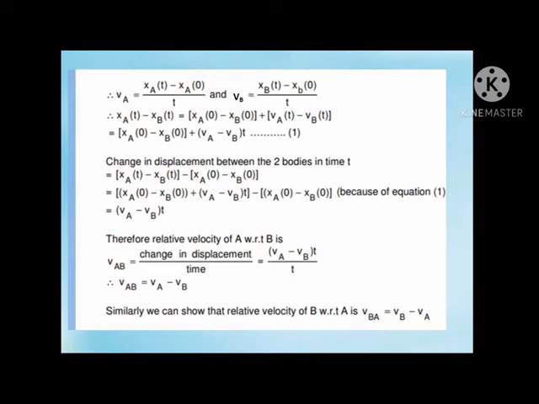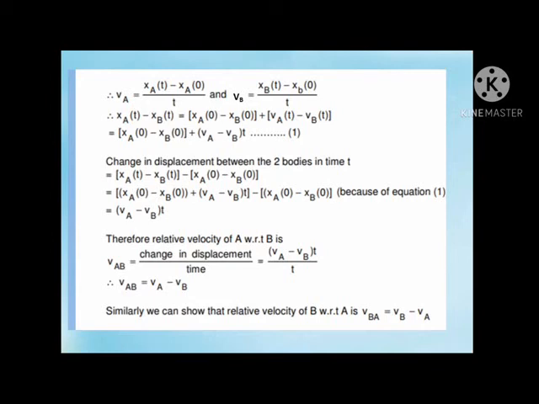Now the change in displacement between the two bodies in time t is xat minus xbt minus (xa0 minus xb0). Substituting xat minus xbt from equation 1, we get xa0 minus xb0 plus (va minus vb) times t minus xa0 plus xb0, after taking the minus sign inside the bracket.